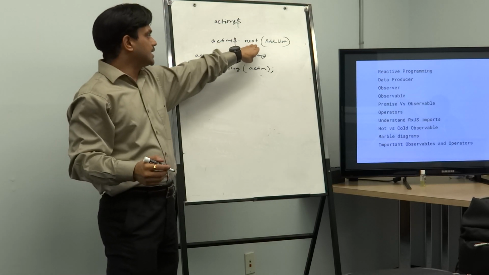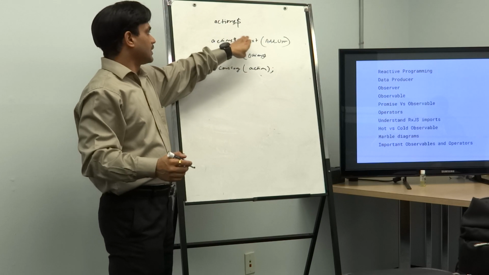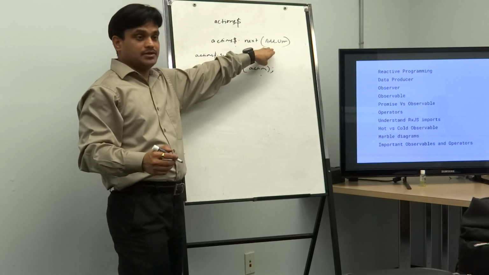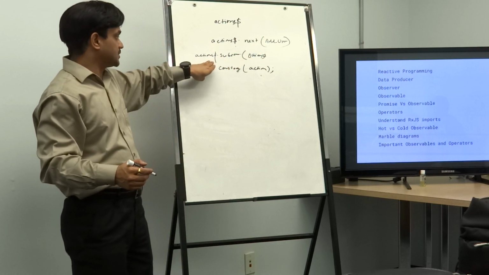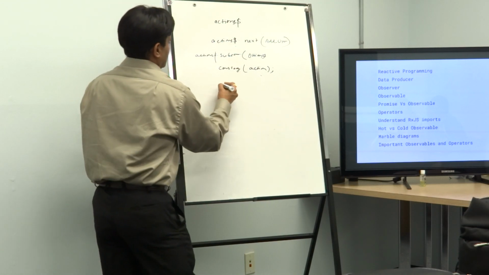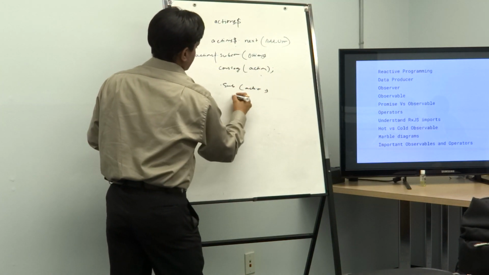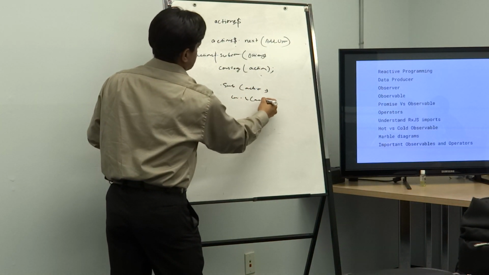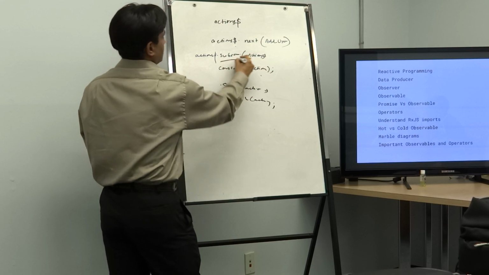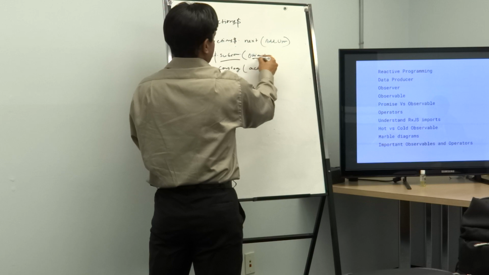Whenever data came, you did next on the observable with add user, and each subscriber gets that action. If there is another subscriber for the same action, it will also get that action. So if you keep subscribing 30 times or 40 times, you will still get the same action.